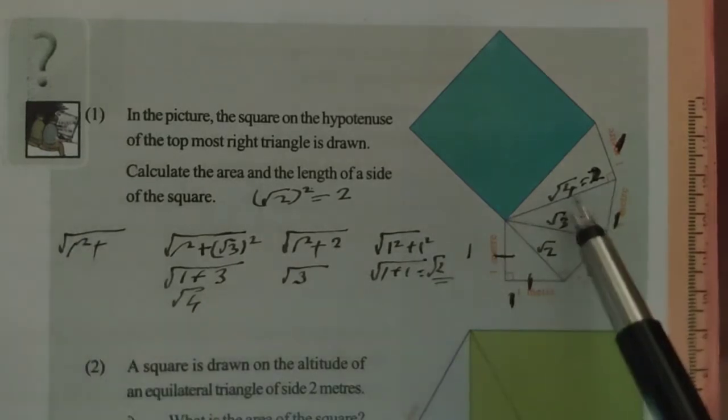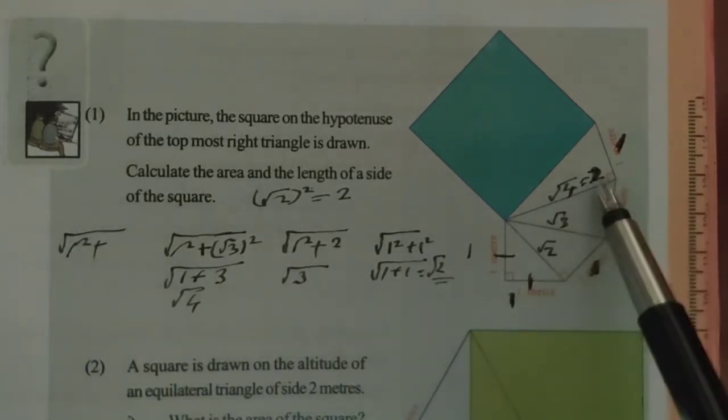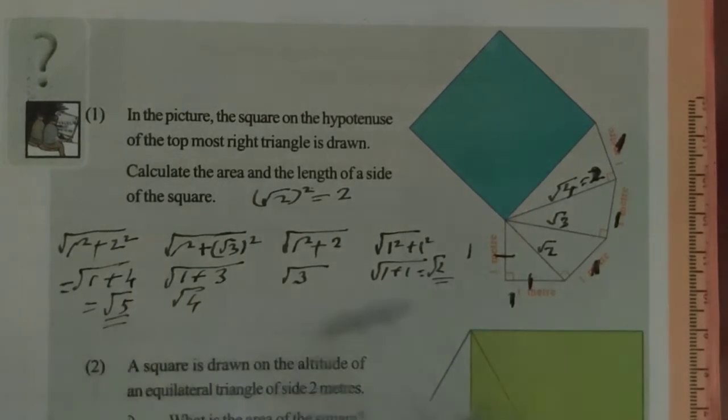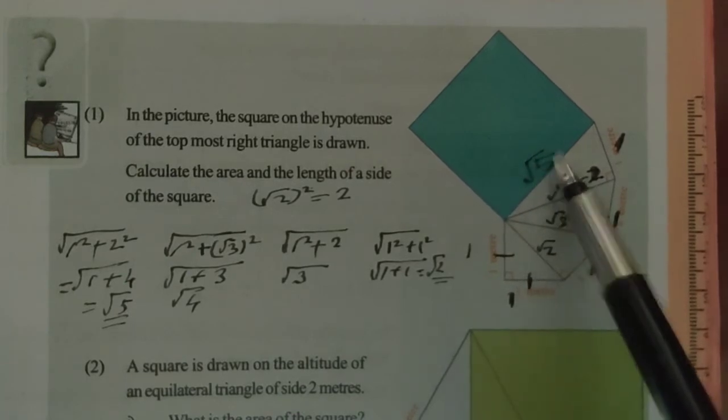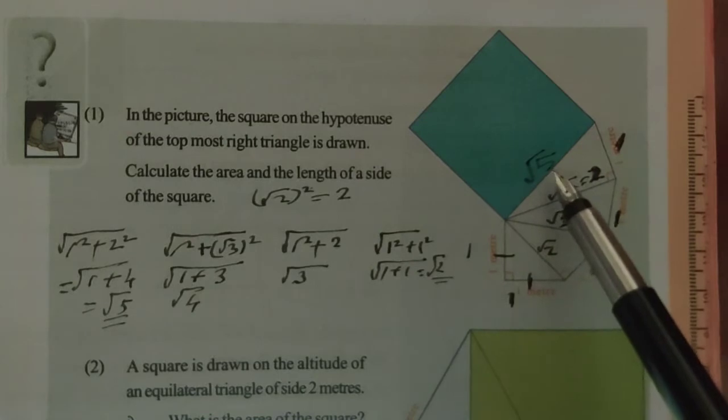That is 1 square plus 2 square. 1 square is 1, plus 2 square is 4. That is equal to root 5. Then you get the side of the square is root 5 meter. The length of the side of the square is root 5 meter.